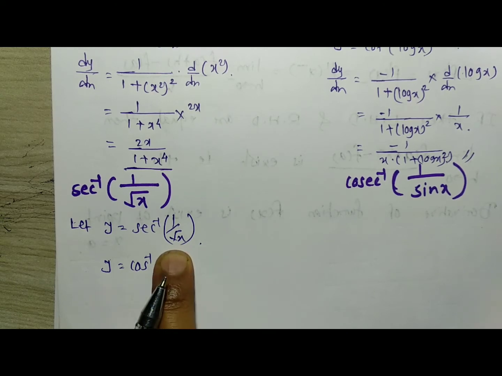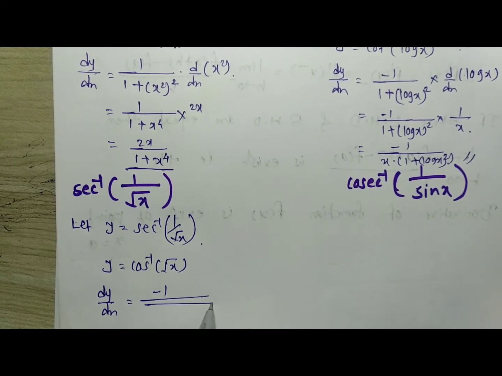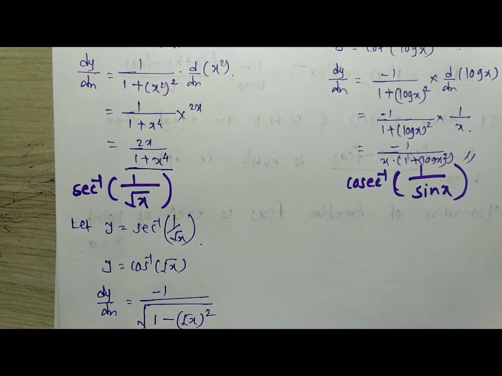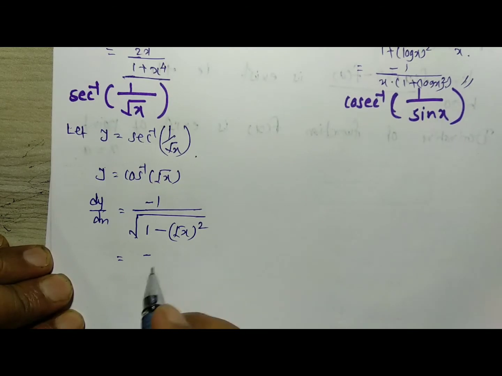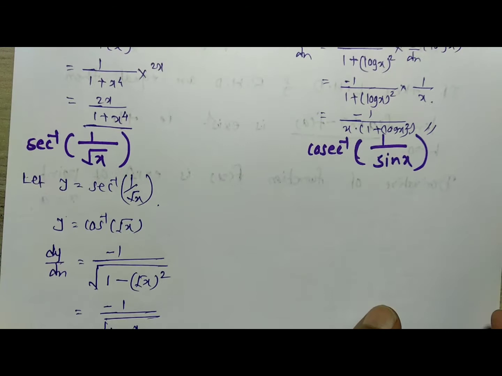Once again, we cover the root x, and we know that the derivative of cos inverse x is minus 1 divided by square root of 1 minus x square, and therefore dy by dx is equal to minus 1 divided by square root of 1 minus root x square, which is x, and therefore this is the derivative of sec inverse 1 divided by root x.